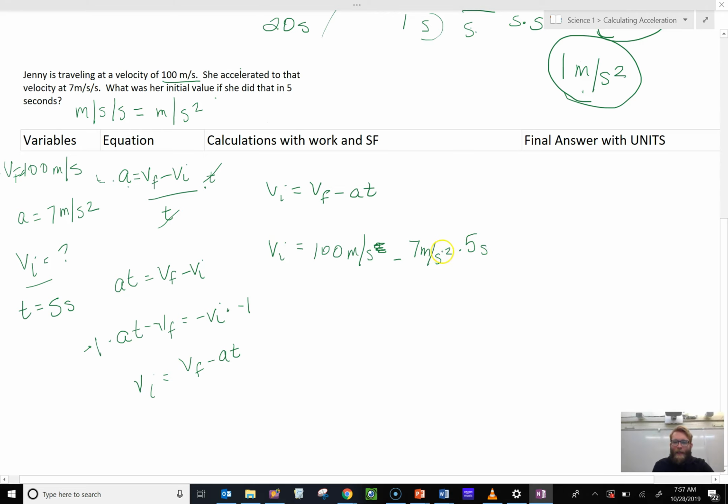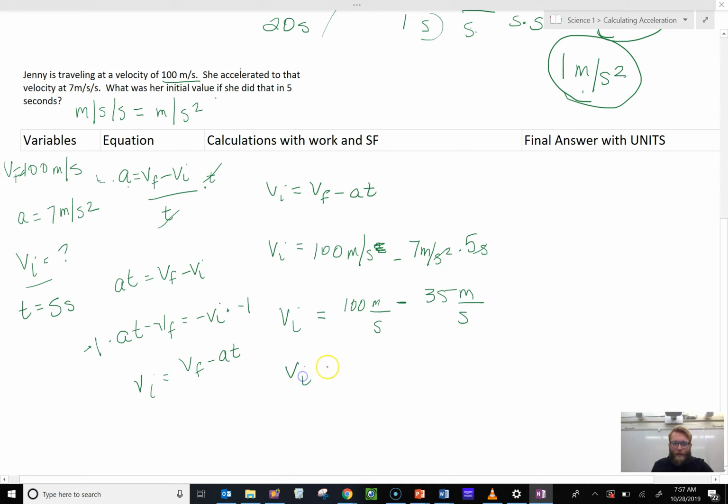We have seconds squared in the denominator and seconds in the numerator, so we can cancel out one of our seconds. So we're subtracting 7 times 5, which is 35 meters per second, from 100 meters per second.